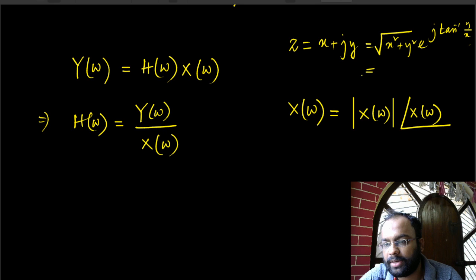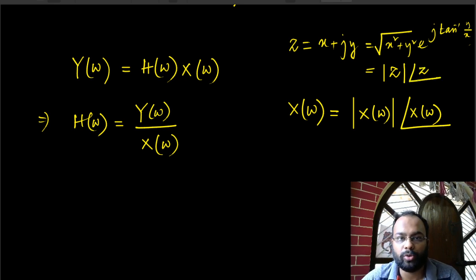Complex numbers are represented as a point on the coordinate plane. So this is mod z and this is angle z. This is the representation we use in electrical engineering, and it is called the phasor representation of a complex number.